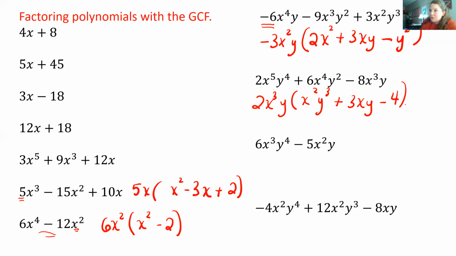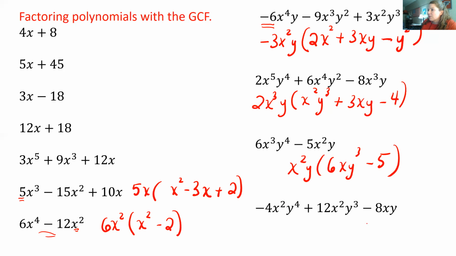All right, hopefully you guys are trying these on your own at this point. Now it looks like this one, we don't have a common factor as far as a number, but we do have x squared y. So this would be 6xy to the third minus 5. Yep, I think that's right.